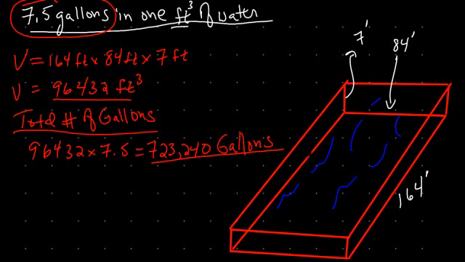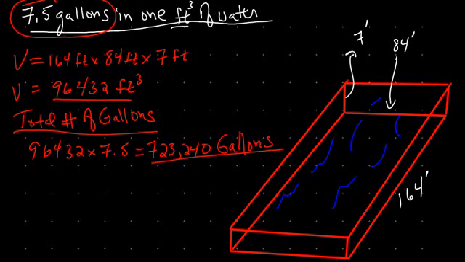So we had to find the volume and then multiply by the 7.5, which gave me that there are 723,240 gallons of water in an Olympic-sized swimming pool. Given these dimensions, like I said, the dimensions vary a little bit from website to website, but it was right around there.